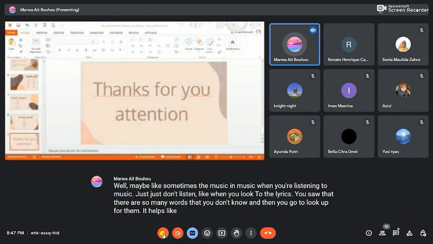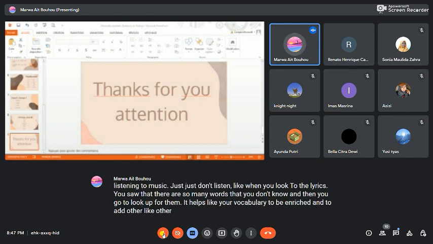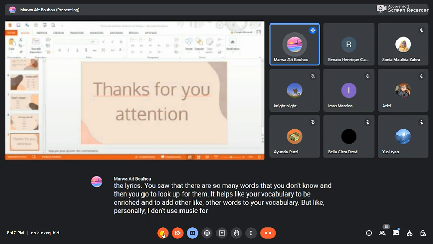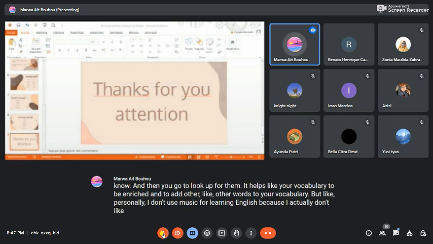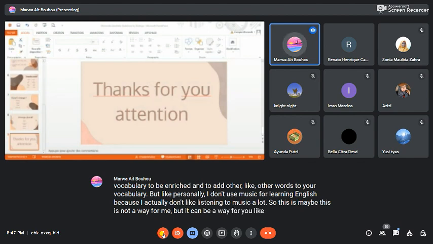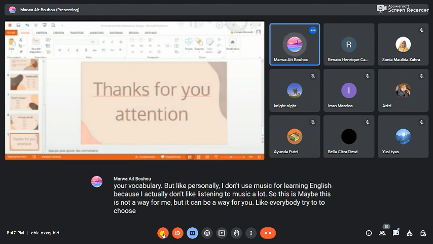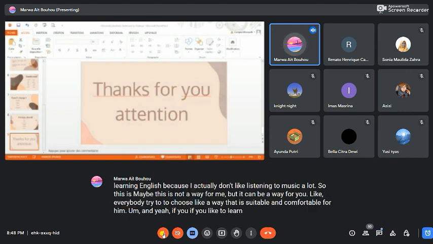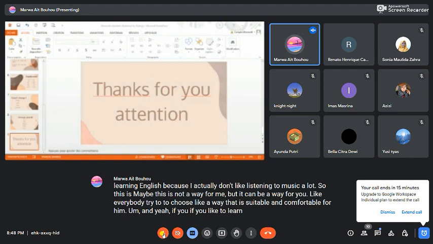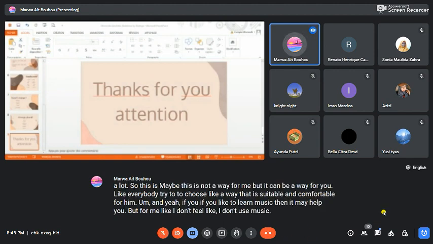It helps your vocabulary to be enriched and adds other words to it. But personally, I don't choose music for learning English because I actually don't like listening to music a lot. So maybe this is not a way for me, but it can be a way for you. Everybody should try to choose a way that is suitable and comfortable for them. If you like music, then it may help. For me, I don't choose music.